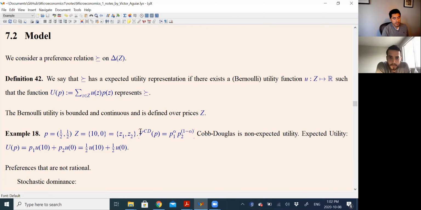What will happen with this utility? You have here (P1 + R1) to the alpha, (P2 + R2) to the 1 minus alpha, right? So that doesn't have to be greater than or equal to (Q1 + R1) to the alpha and so on, right?